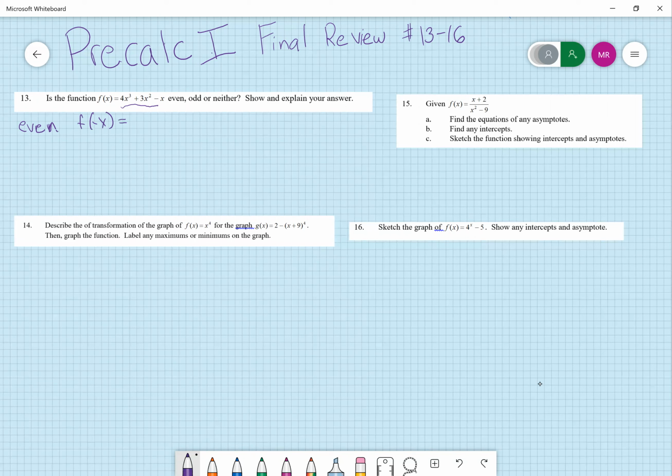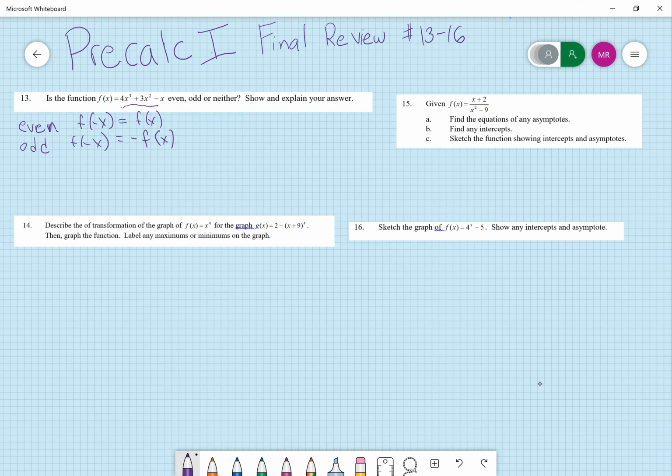If you get back the original function, the original signs, you get f of x, so it's even. If it's odd, if you take f of negative x, the whole function gets negated, negative f of x. If it's neither, it's a mix.